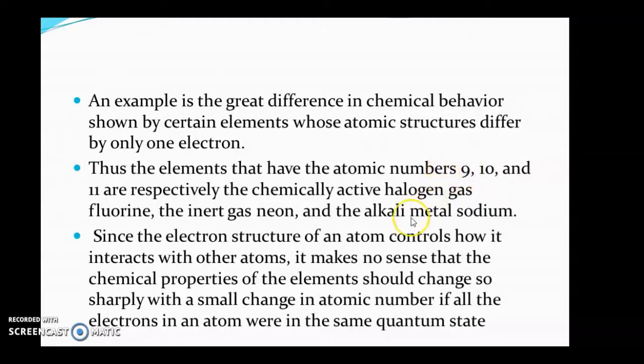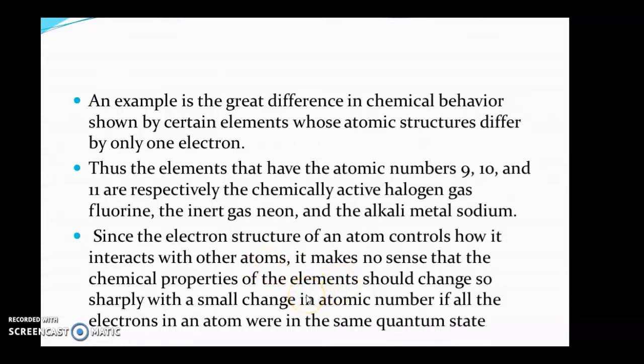So the electron structure of an atom determines how the atom interacts with other atoms. So if all the electrons in the atoms were in the same quantum state, the chemical properties of the element should not change while the atomic number changes by 1 or 2.